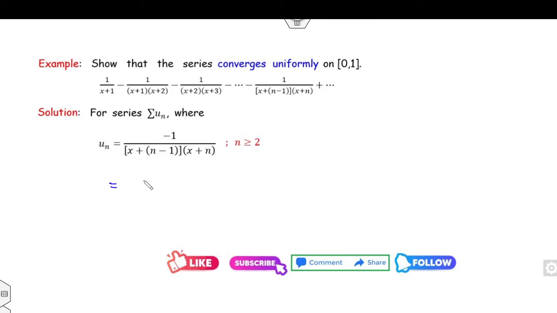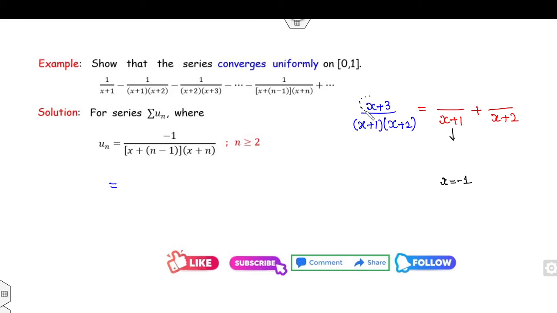Can you write this quantity as a partial fraction? I can quickly recall how you can write the partial fraction. If I have a term, for example this, how can you write this as a partial fraction? The denominator is (x plus 1)(x plus 2). I can substitute the denominator as 0, so the value of x is minus 1.